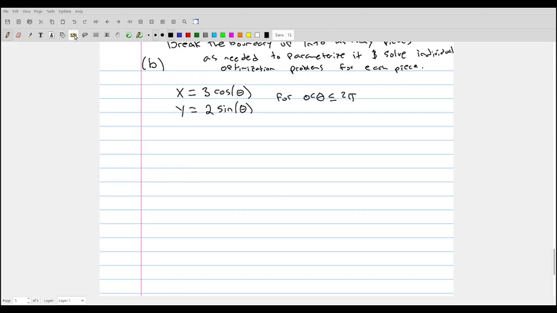So the first step in this process is parameterizing the domain into the multiple different pieces that describe it.